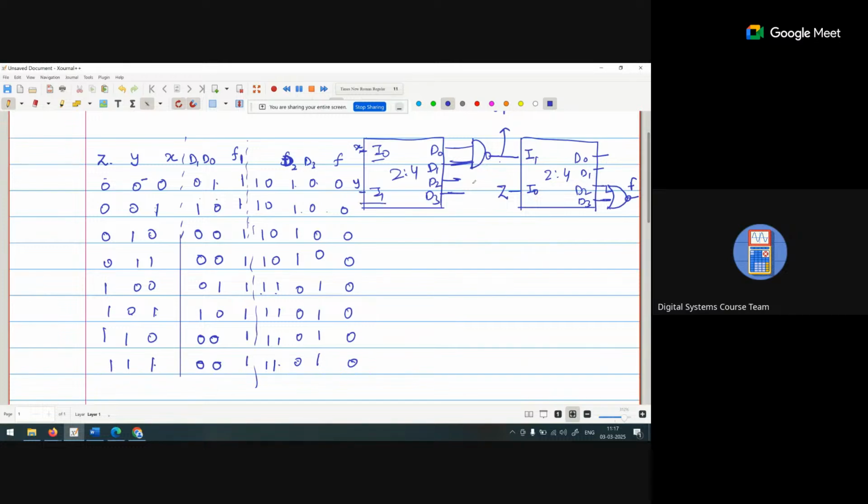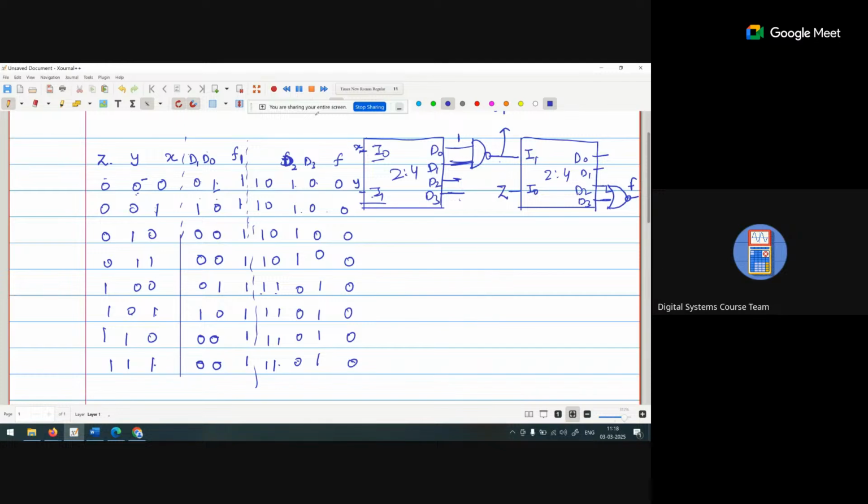Now when X and Y are 0, what does the decoder say? When it becomes 0, 0, D0 is 1 and all others are 0. We are not considering D2 and D3.